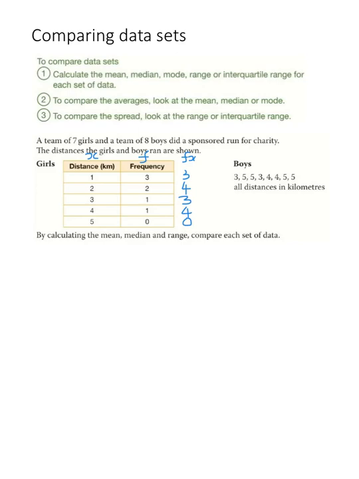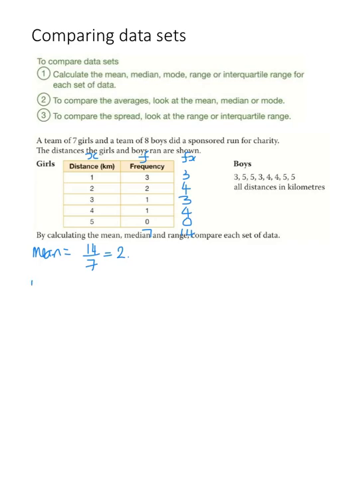So our total frequency is 7 girls, and our total fx is 14. So the mean for the girls is going to be 14 divided by 7, which is 2.